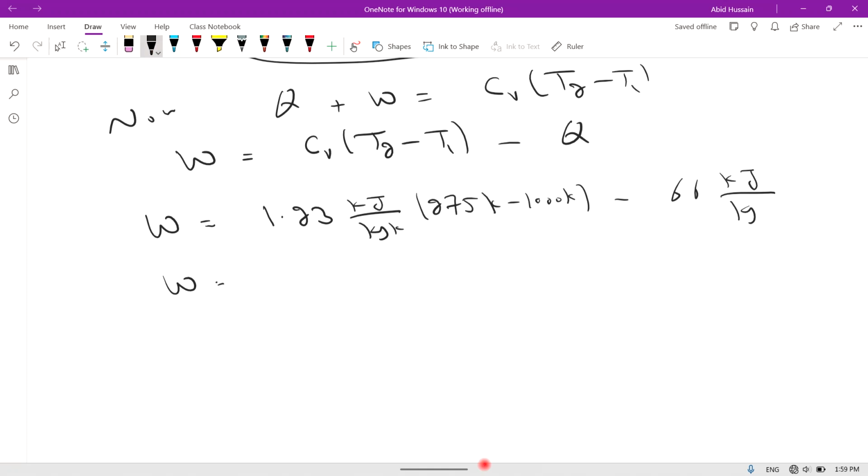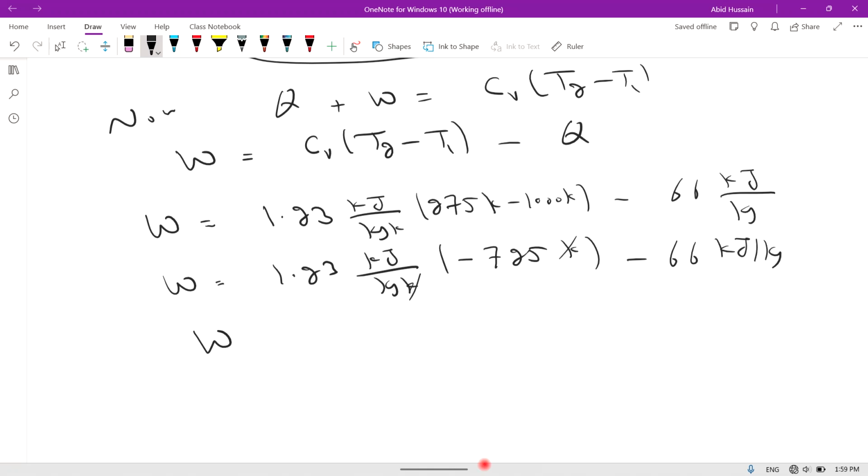So 275 minus 1000 is equal to minus 725 Kelvin. Now this Kelvin will be cancelled. Multiply 1.23 with 725, and the answer will be minus 891.75 kilojoule per kilogram minus 66 kilojoule per kilogram.